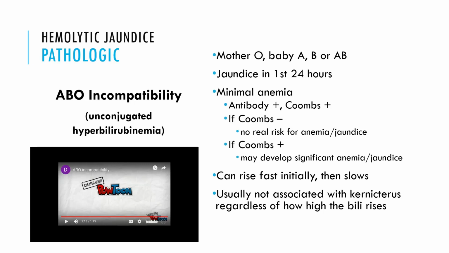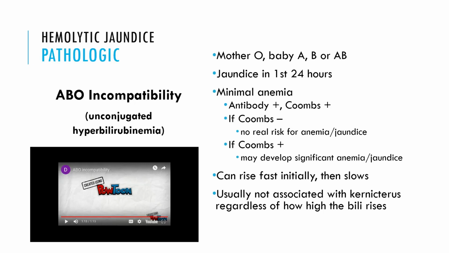So we would probably do an antibody test on mom, and if she's positive or baby's got a Coombs positive test, then that would be more concerning, right? Because we have those antibodies that are present. If the Coombs is negative, there's not a real risk for anemia. There could still be some jaundice though.